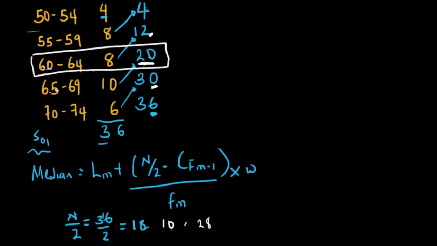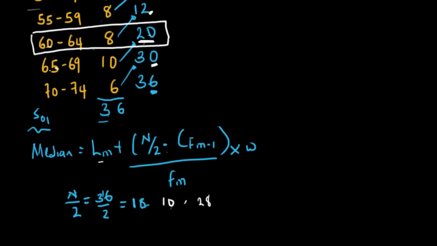Now that we know the median class, the next thing to do is to find all the entities in this formula. So remember, LM is the lower class boundary of the median class. Now if the median class is 60 to 64, the lower class boundary will be 60 minus 0.5, which is 59.5.